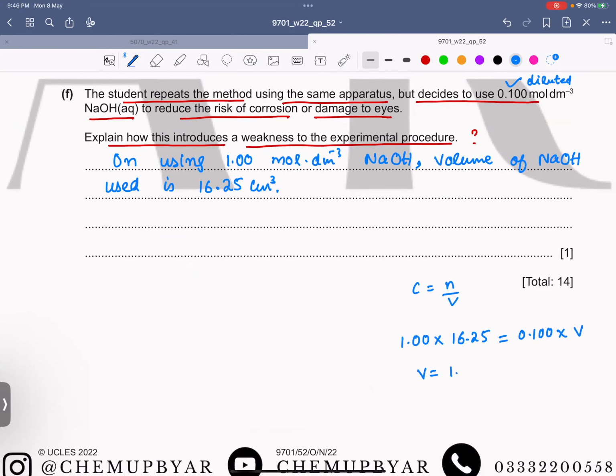So V would be equal to 1.00 times 16.25 over 0.1, which is 162.5 centimeter cube. So it means we need this much volume of sodium hydroxide, and the capacity of the burette is just 50 centimeter cube. So it's a very large volume for the burette. That's why we cannot perform the titration using the concentration 0.100 mole per dm cube.